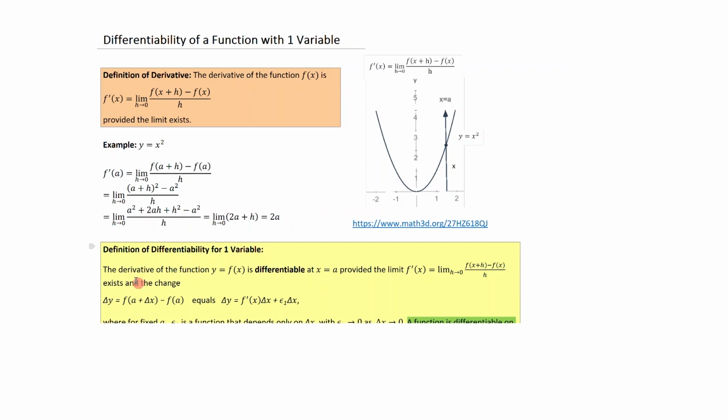The function y equals f of x is differentiable at x equals a, provided the limit f prime of x, which is this limiting process, exists, and the change delta y, which is just f evaluated at a plus delta x minus f of a, is equal to f prime of a delta x plus epsilon 1 delta x, where for a fixed value of a, epsilon 1 is a function that depends only on delta x, with epsilon 1 approaching 0 as delta x approaches 0. A function is differentiable on an open interval I if it's differentiable at every point of I.